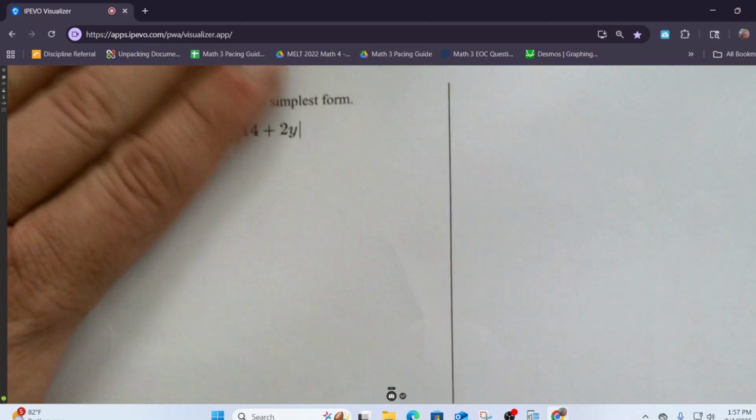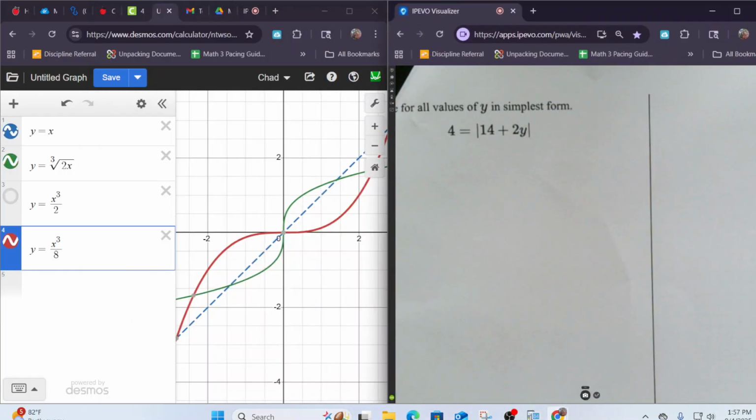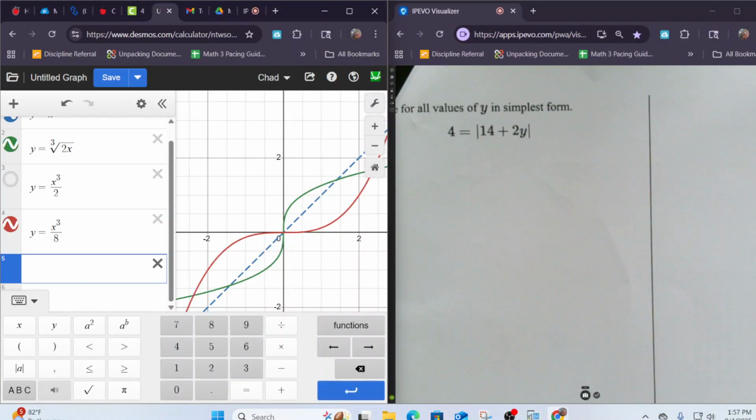All right. One last. I see a couple things. Guys, this is absolute value equations. I would do all my absolute value in Desmos. It's very easy.